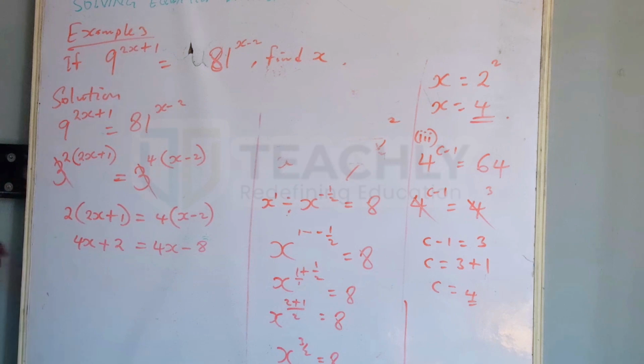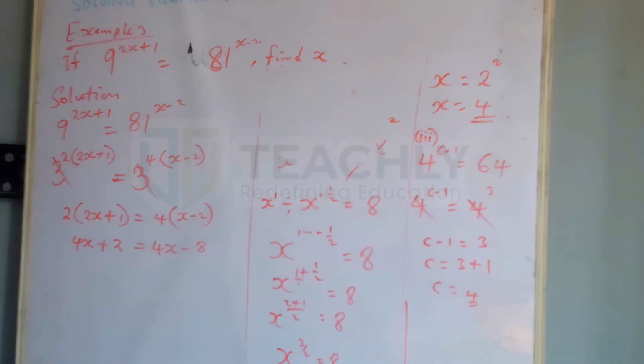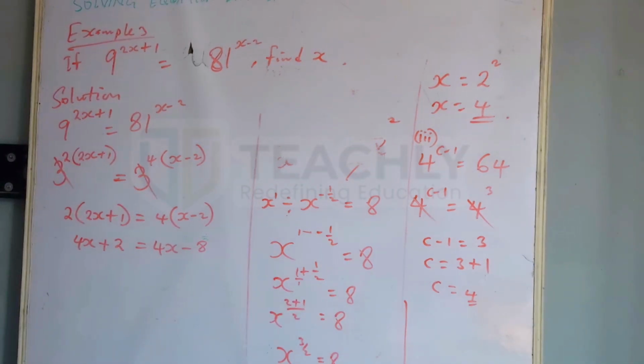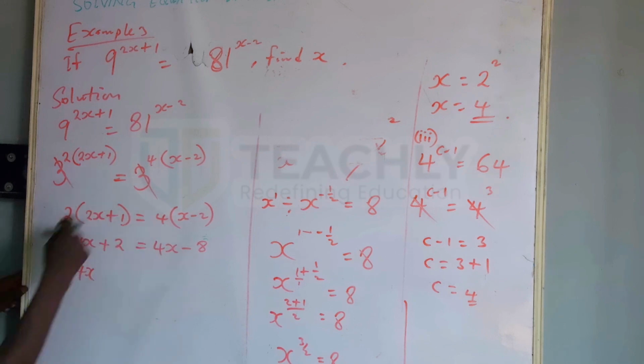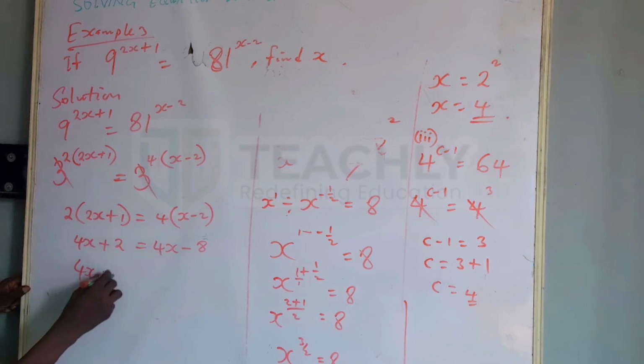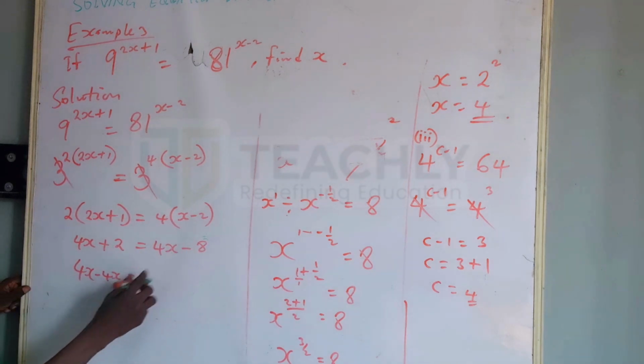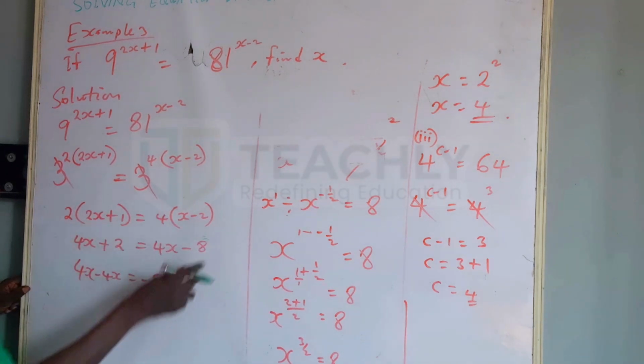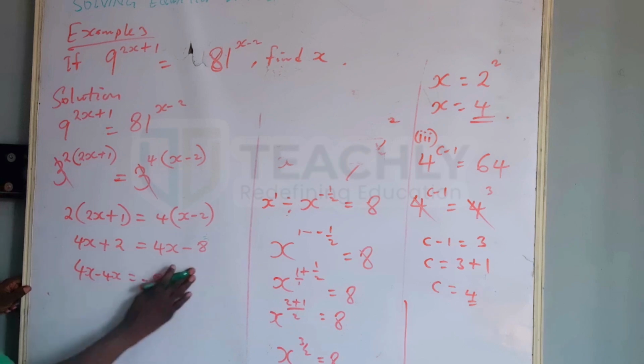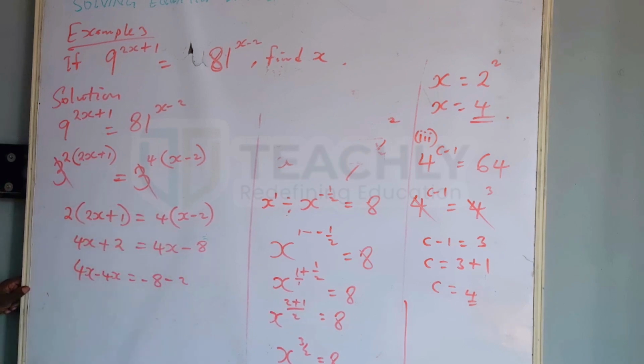The next step is to collect like terms. If you bring the 4x over here, we have minus 4x. Bringing the 8 over, that's minus 8, and the 2 stays, so minus 8 minus 2.